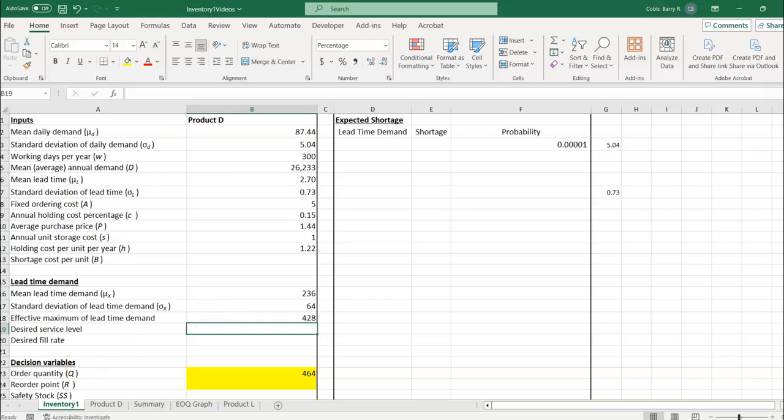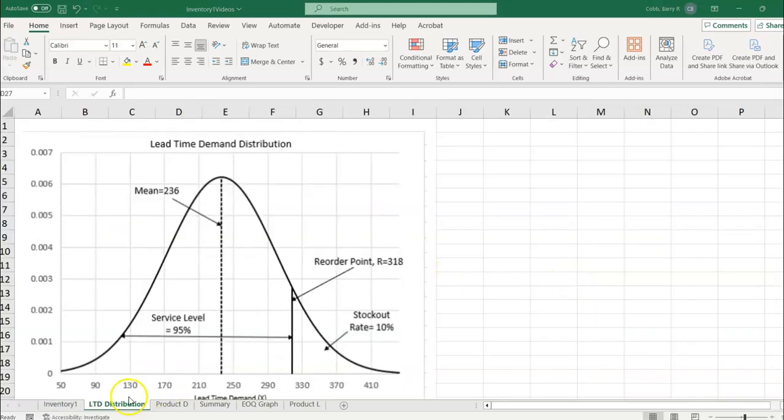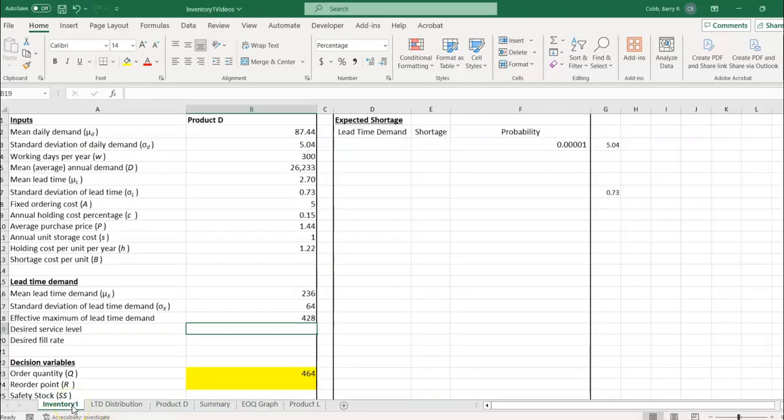And that's 428. Now, on the tab called LTT distribution, there's a picture of this normal distribution. It has a mean of 236, and we can see that out here at the very end is about 429, which is what we calculated and called the effective maximum. We'll return to this picture in a minute.